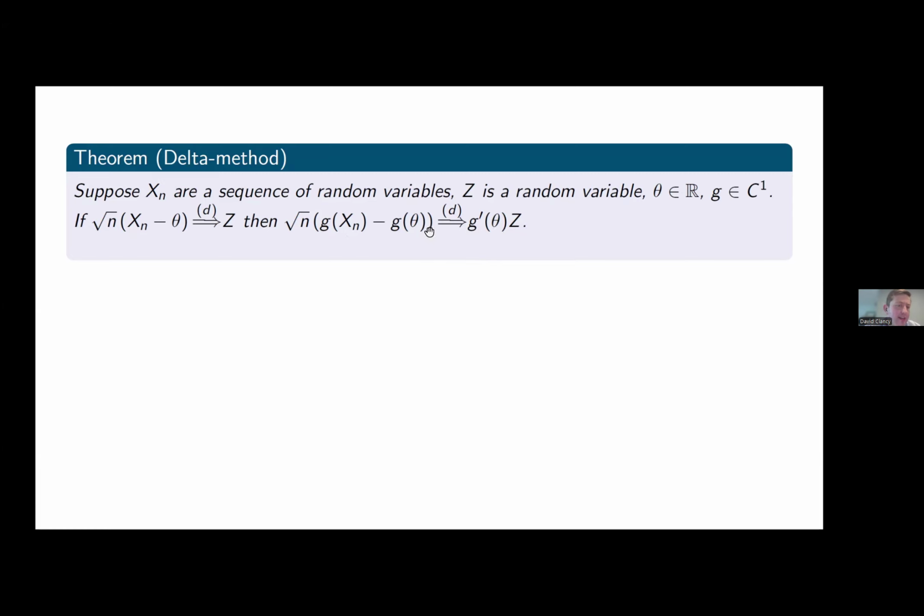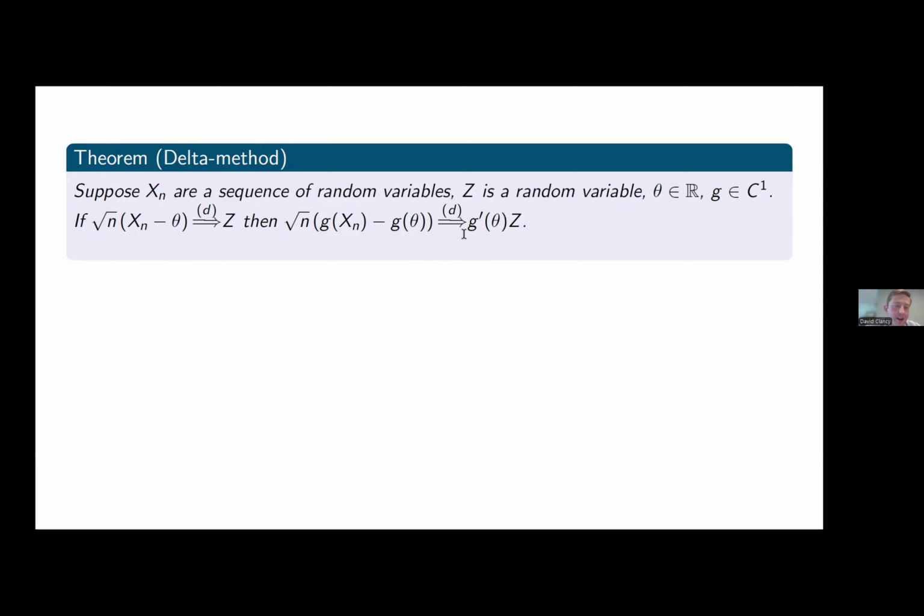Why is this true? Well, you just do a Taylor expansion and control all the errors. But the key thing is that if this derivative is non-zero, then this statement is if and only if, because we just have the inverse function theorem.